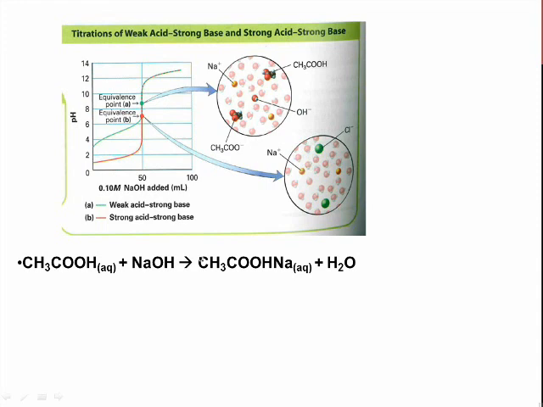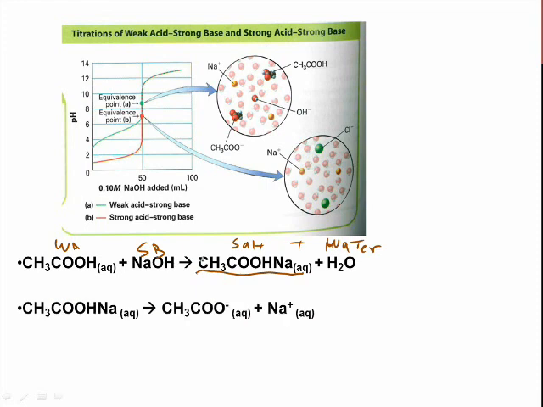Let's look back at this titration of a weak acid and a strong base. This CH3COOH is ethanoic acid. We add it to the strong base, and we get sodium ethanoate. This sodium ethanoate right here is the salt. So we had a weak acid and a strong base, and we get the salt plus water. But it's not done there.